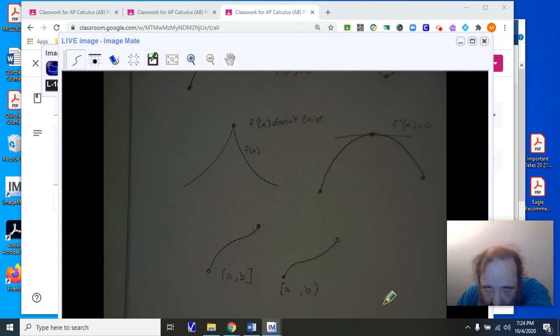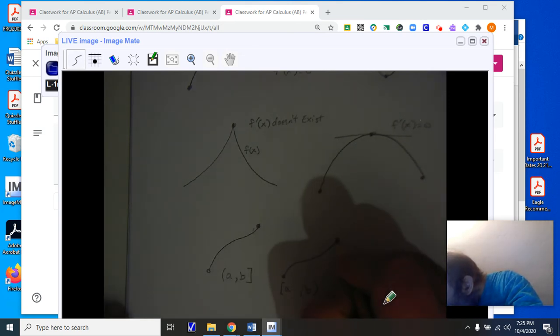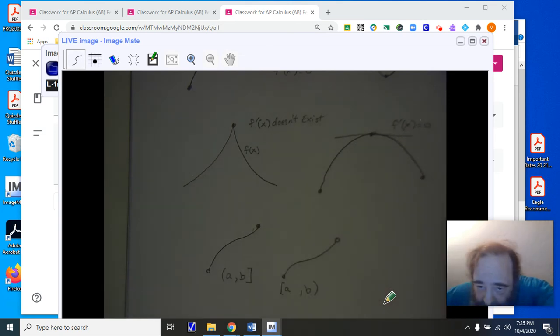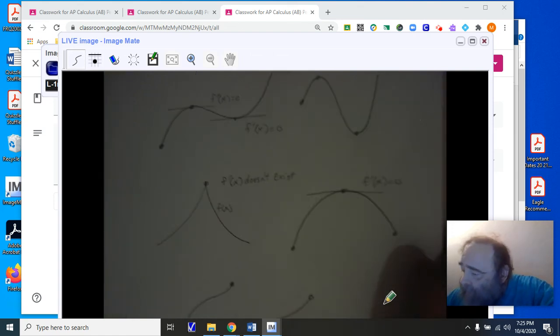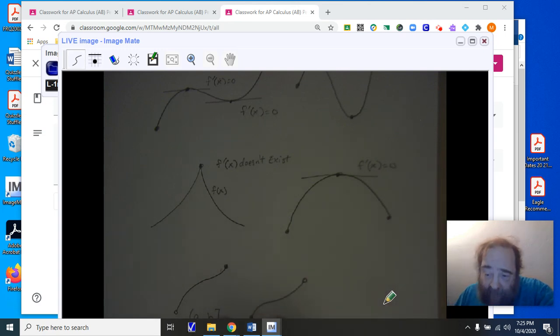Okay, so be aware. Just because you have endpoints doesn't mean you have an absolute maximum or absolute minimum if one of those endpoints doesn't exist. All right. So here is just some of the basics of this. And each situation you're going to have to consider carefully.